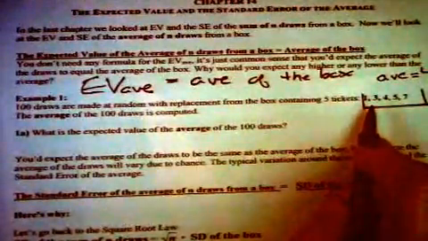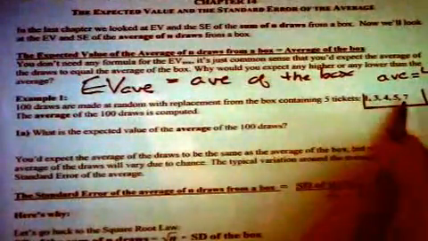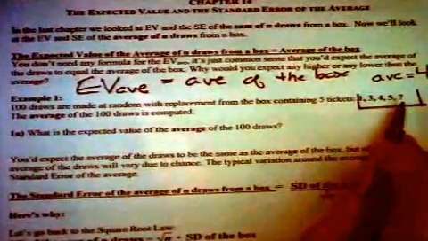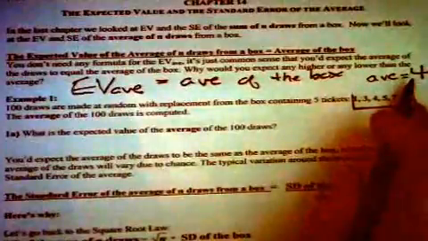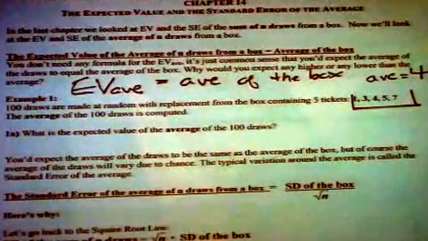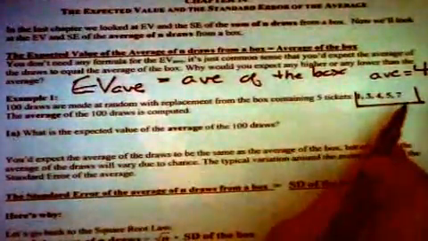If you drew from this box 10 times, since they're all equally likely, your best expectation would be to get 2 of each. So you'd get 2 of each, and then you'd divide by 10, and you'd get the average of the box. What else would you expect? Would you expect to get all 7s?